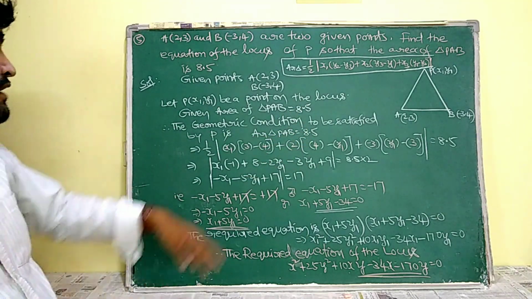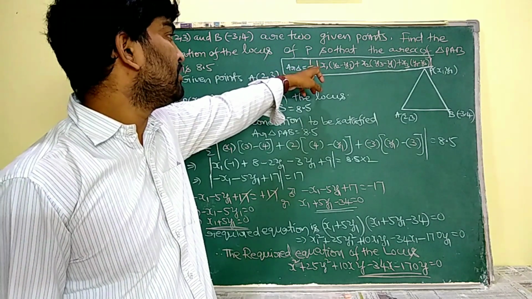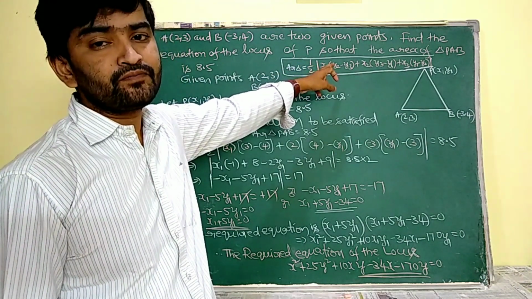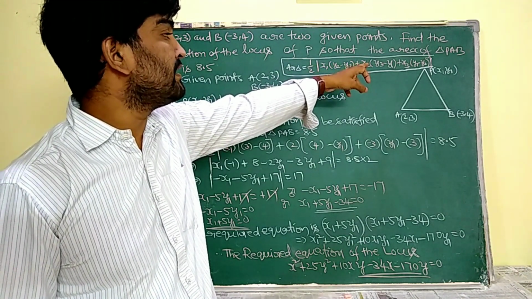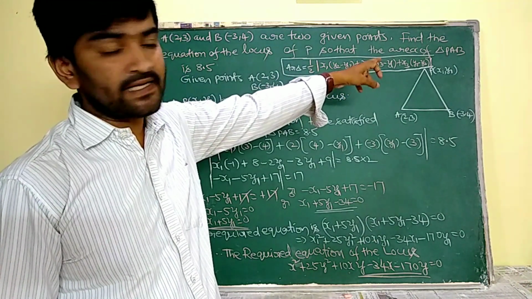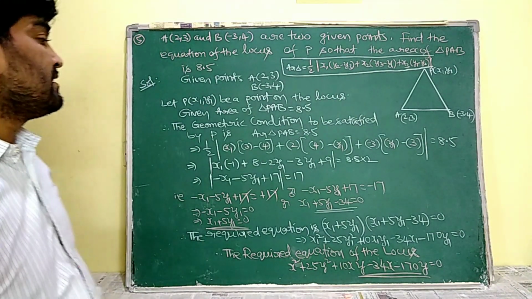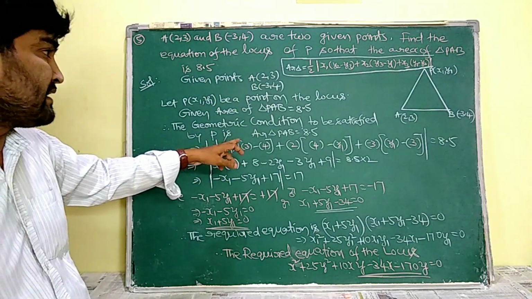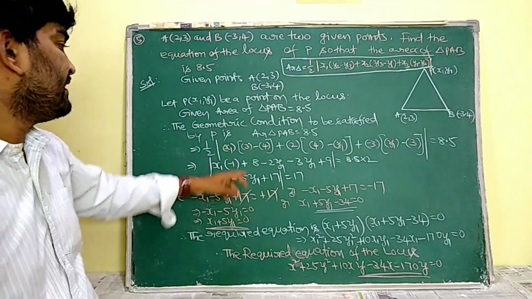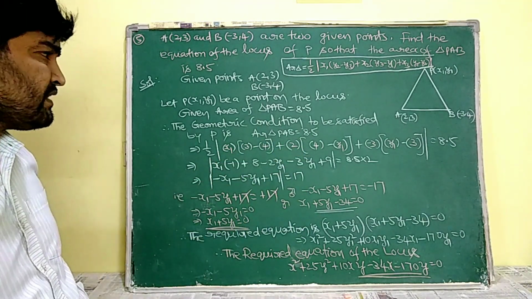So we know that the area of a triangle is half into modulus of x1 into (y2 minus y3) plus x2 into (y3 minus y1) plus x3 into (y1 minus y2). So I am going to use that formula here. See, in the place of x1 I am having x1 only, and in the place of y2 I am having 3.